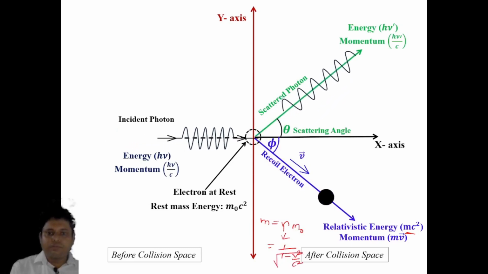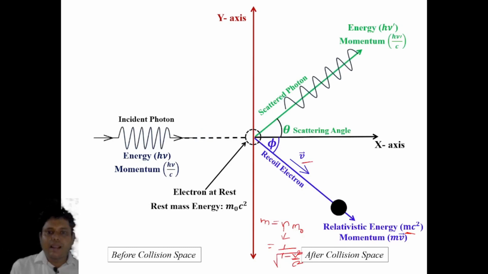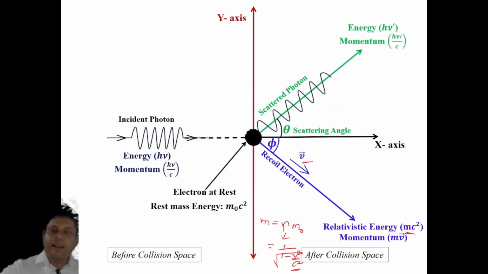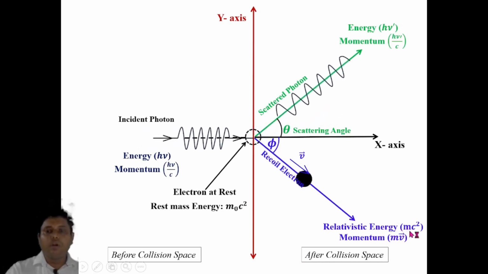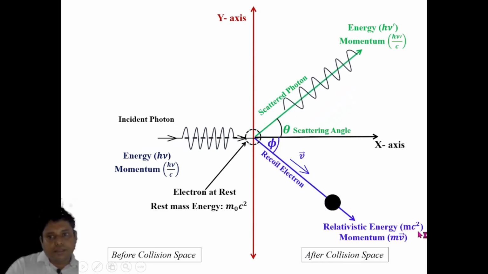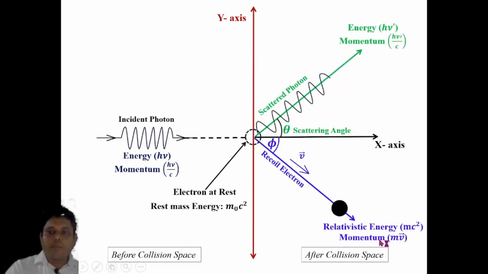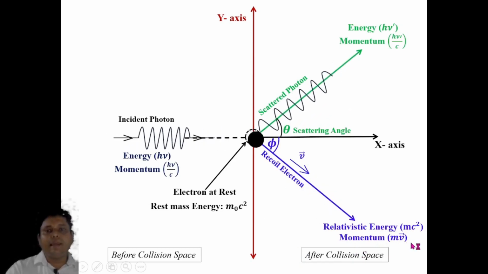Here v is this velocity v, and c is the speed of light. So the relativistic energy of this recoiled electron is mc square. Corresponding momentum will be mv.